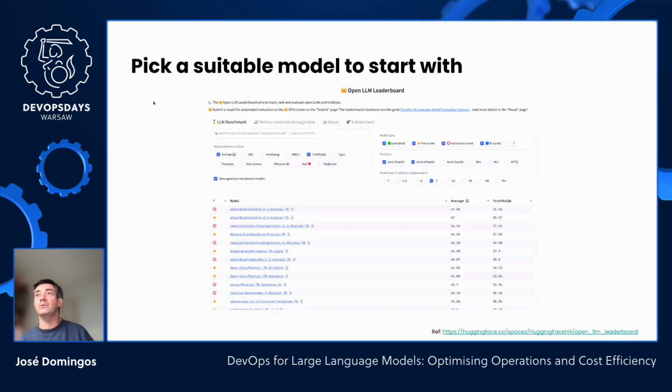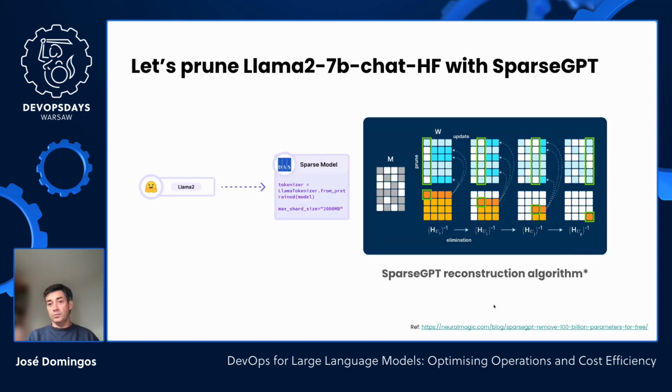So one way to do this, for example, is you can go into Hugging Face, and then you'll find a set of models, and you can pick a suitable model from there. Here is the link to Hugging Face. So one of the things we did was we picked a Hugging Face model, this LLaMA 2 7B chat, and we took it through SparseGPT.